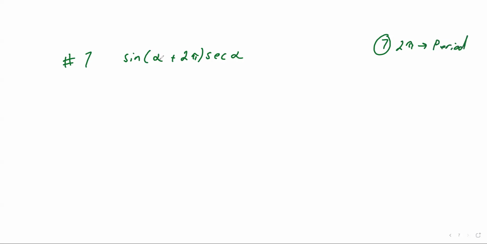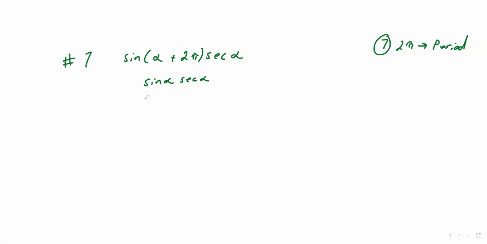So I see that I have a sine alpha, which is the same thing as an x or a theta, plus 2 pi, which is the same thing as just sine theta. Once I get to this point, I am now going to convert secant into a sine and cosine concept.